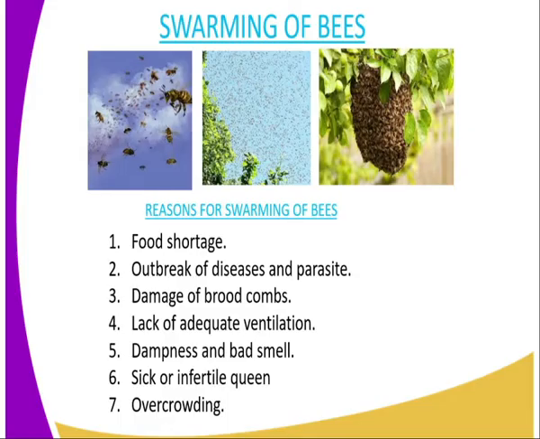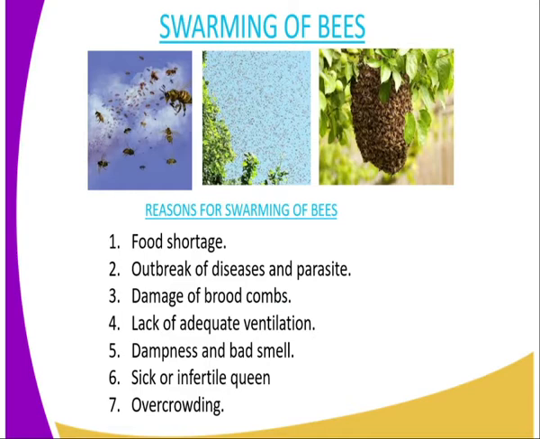If there is an event whereby diseases and parasites break out, it means that the bees will swarm away. Then number three, damage of brood and combs, and therefore whenever you are harvesting, you are not supposed to damage the brood, because by so doing you will encourage the process of swarming of bees.